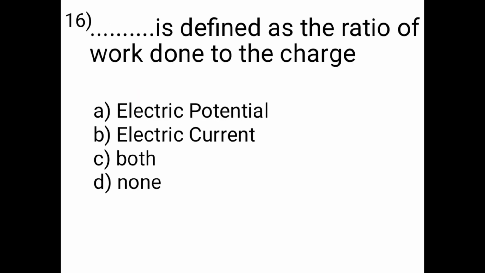Then next is, what is defined as the ratio of work done to the charge. Options are A is electric potential, B is electric current, C is both and D is none of the above. So the correct answer is option A, electric potential.